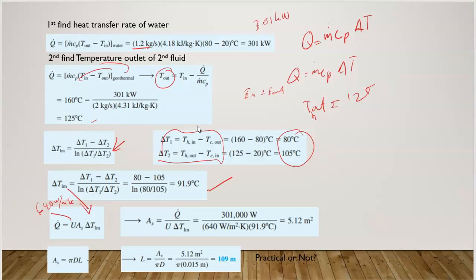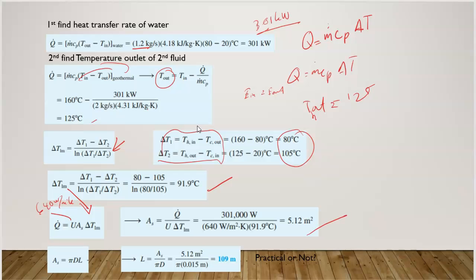A has not been given. Q is here, the same Q, 300 kilowatts, 301 kilowatts. So then you get A equal to 512.